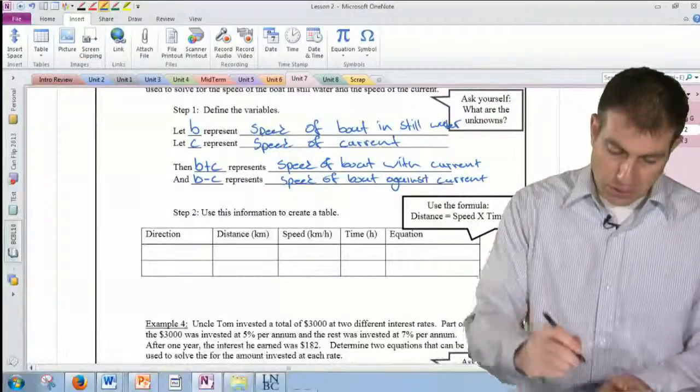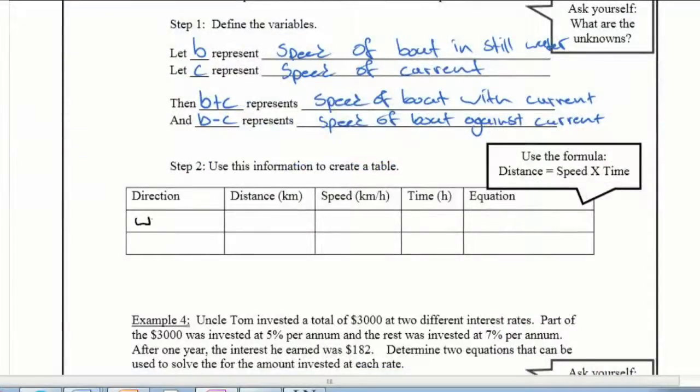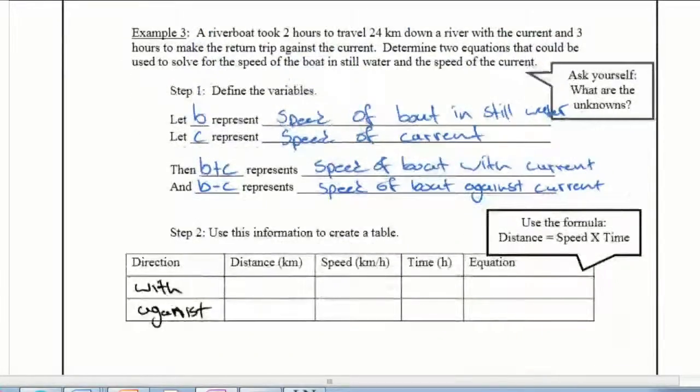All right, so we have 2 directions. We have a direction with the current, and we have a direction against the current. What distance are we traveling each way? We're going 24 kilometers down a river.